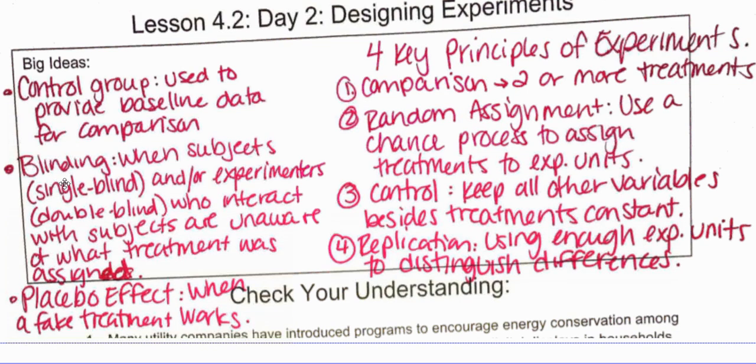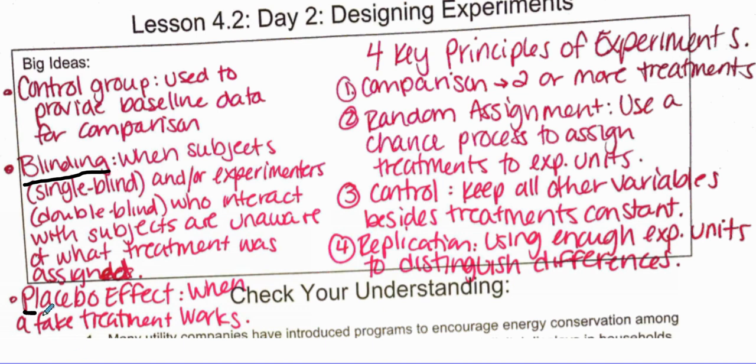Now, sometimes when you apply treatments, you use what is known as blinding, all right? Blinding experiments. When you blind an experiment, the subjects, when it's single-blinded, and or the experimenters, when it's double-blinded, who interact with the subjects are unaware of what treatments were assigned. So when you're blinding those, you might receive a placebo.